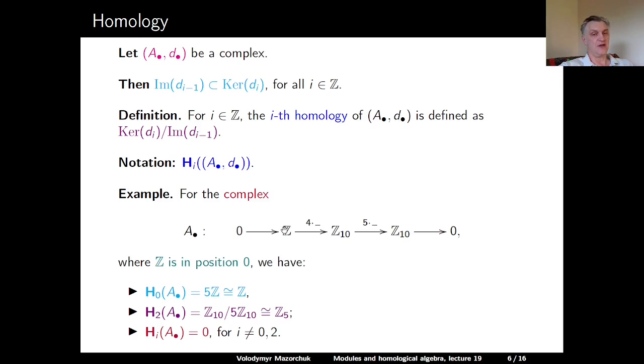And when we have the map from z to z sub 10, which is given by multiplication by 4, its image is exactly the same subgroup. So if you take the element 3 times 4 is 12, modulo 10 is 2, which means that the generator 2 of our kernel belongs to the image. So the kernel is equal to the image, which means that the homology at this position 1 is 0.